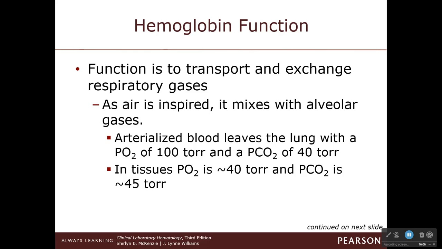Okay? So essentially what happens, guys, if I'm having an increase in 2,3 BPG, what's probably happening in my tissue? CO2 buildup. Well, yeah, it is going to be CO2, but what's causing it to start with? Increased what? What did I tell you this is a byproduct of? Glycolysis, okay, right? So breakdown of glucose, so respiration, right?